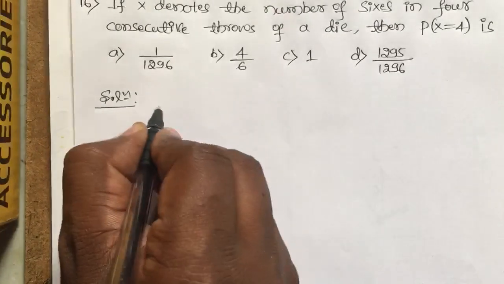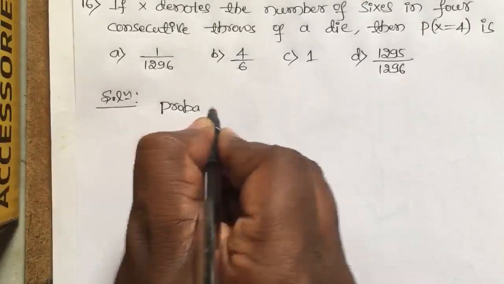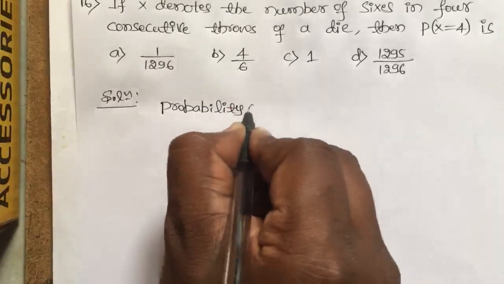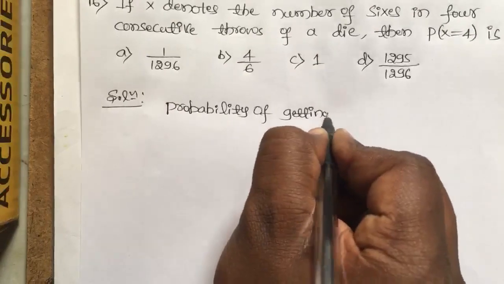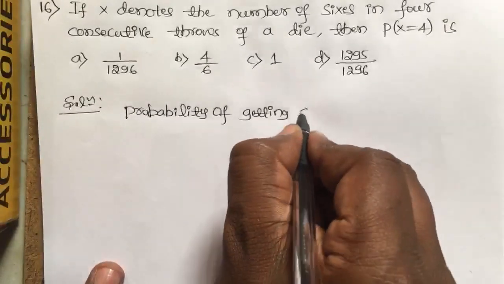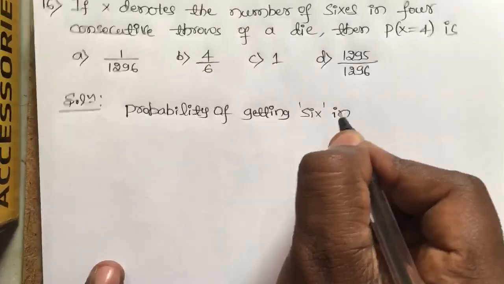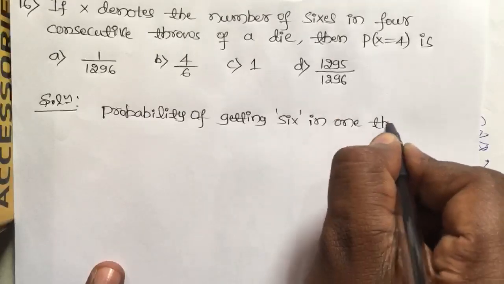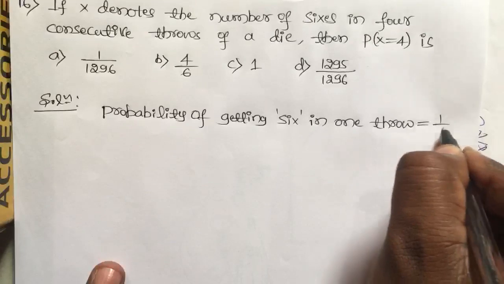See here, the probability of getting 6 in one throw is equal to 1 divided by 6.